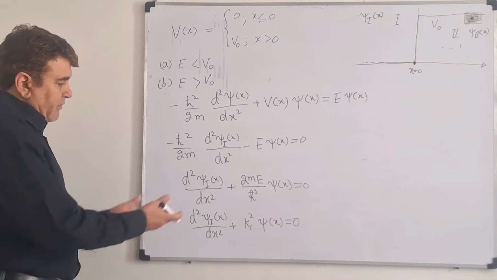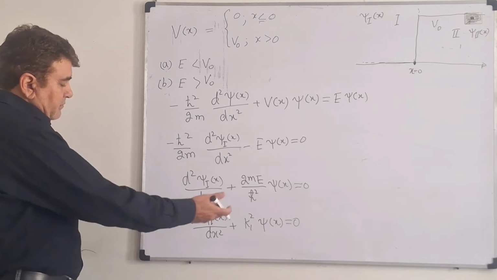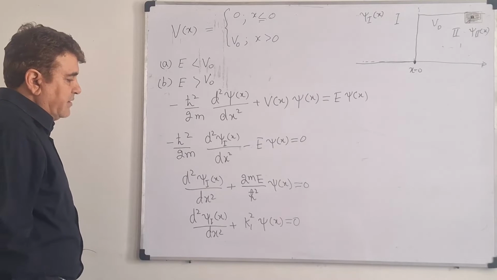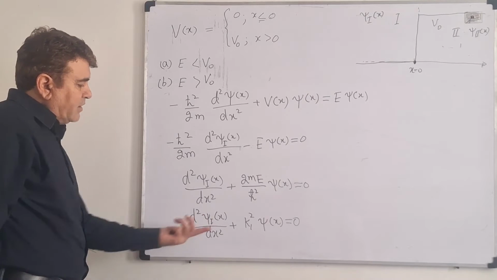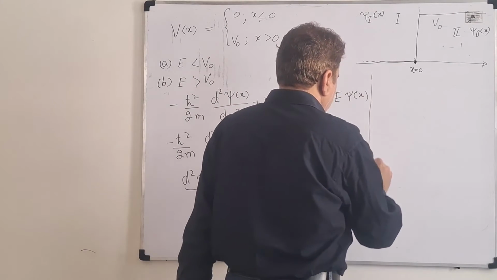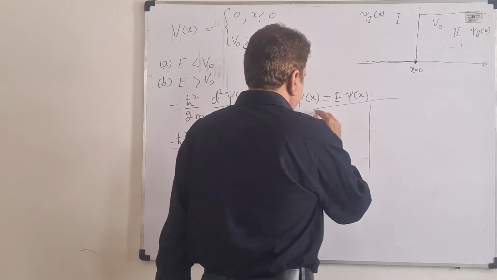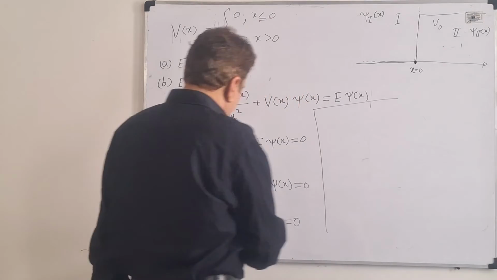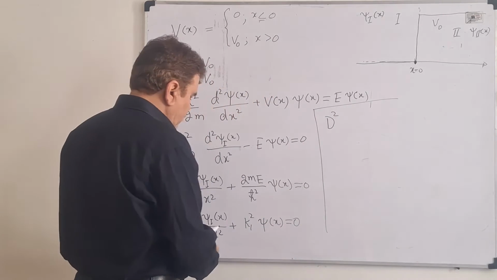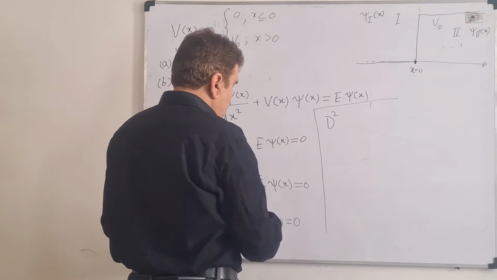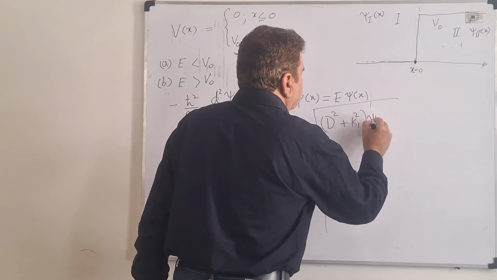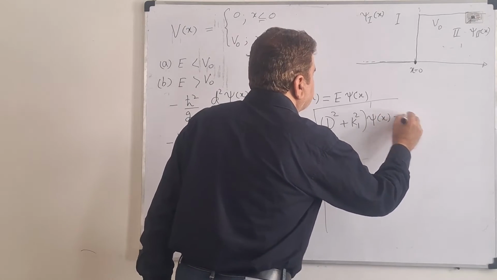And this is now a very familiar equation. We have seen this for the solution of simple harmonic oscillator, even in the classical case. So I want to find the roots of this equation first, and I do that by factorizing this equation, calling d squared over dx squared as D squared, so D squared plus k1 squared into psi 1 of x equals 0.